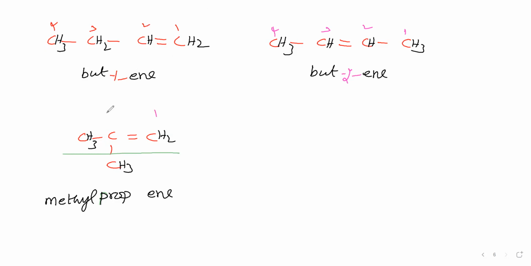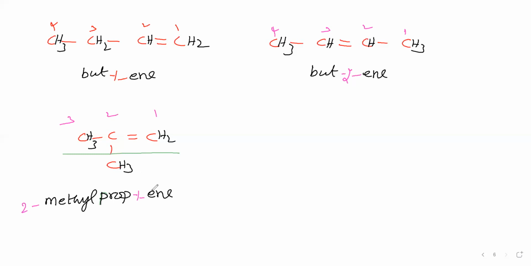Here 1, 2, 3. The methyl group is present at the second carbon, therefore 2-methyl. The C=C double bond is present between carbons 1 and 2, therefore the position is 1. Position 1, we need not say; if we say it, no problem, and if we do not say it, also no problem.